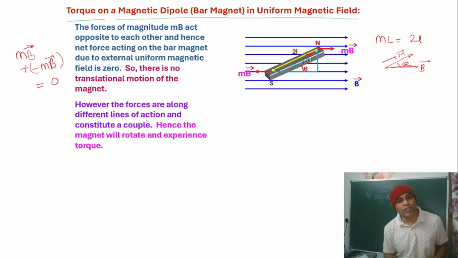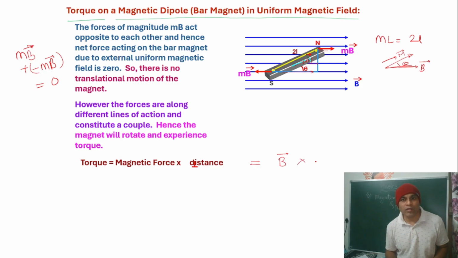However, the forces are along different lines of action and constitute a couple, hence the magnet will rotate and experience a torque. The torque is equal to the magnetic force into the perpendicular distance. The magnetic force is mB, and the distance is 2l sin theta.